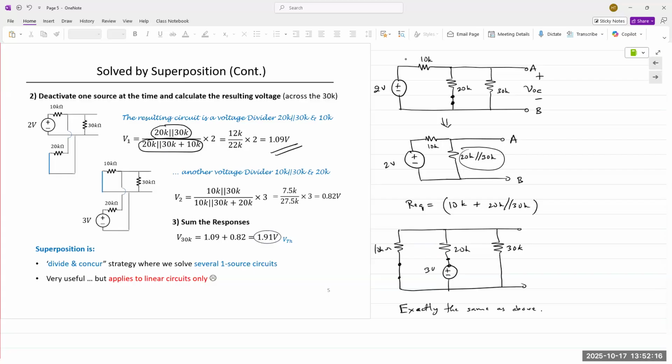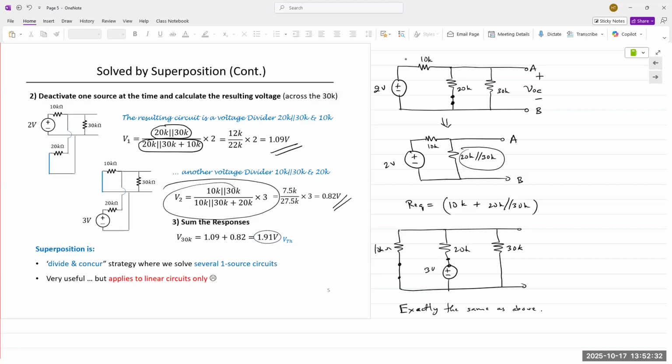And if that's the case, then you can apply the same technique, apply voltage division, find the voltage. And then you have two different voltages at the output terminal.